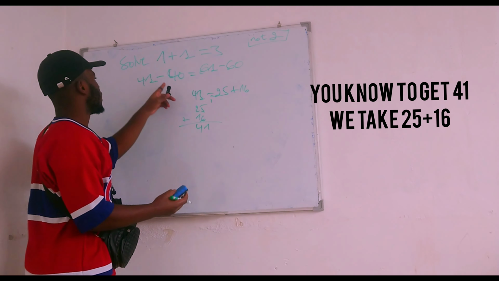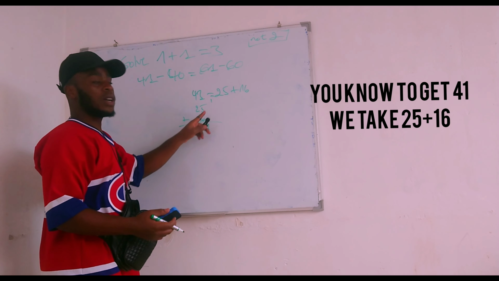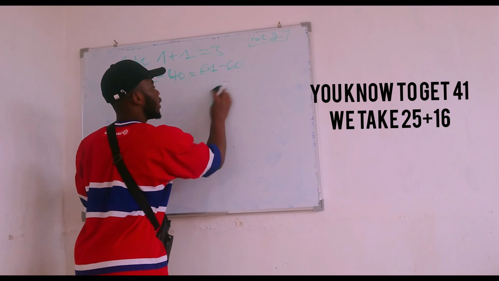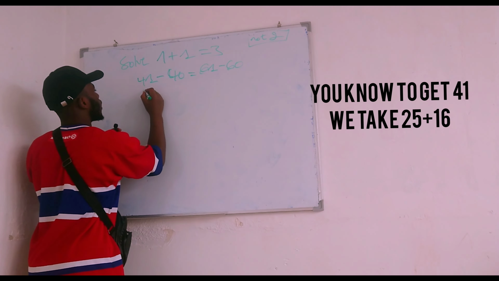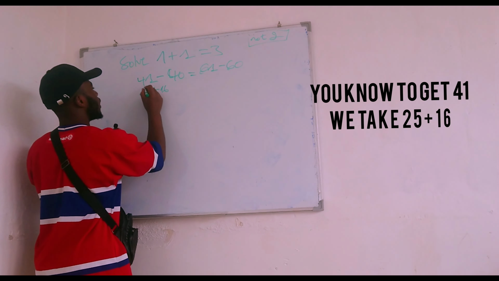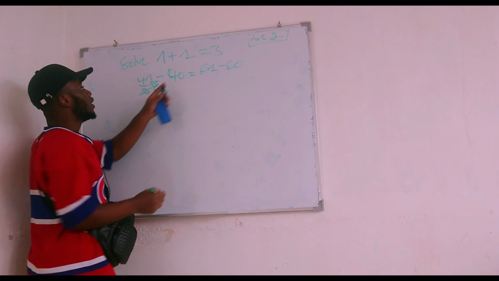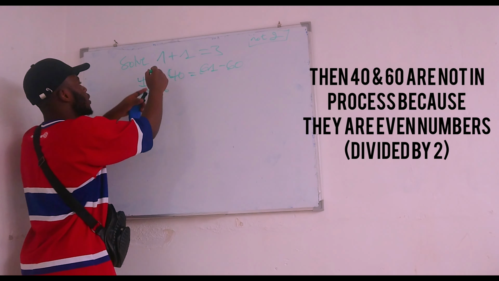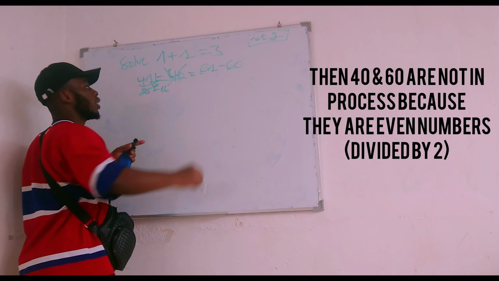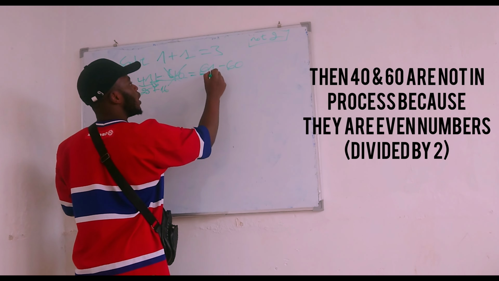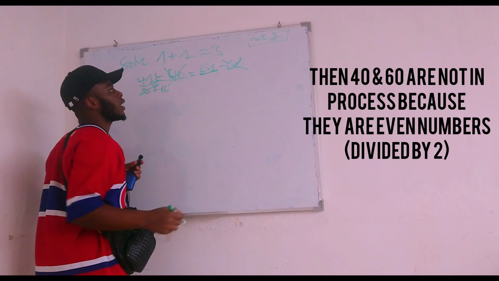You see, this is 25 plus 16 equal to 41. Then it's 25 plus 16, which is this. This, because it's equal to 40, it's negative, it's going to be unclassified. Then here we take this, and this is unclassified.